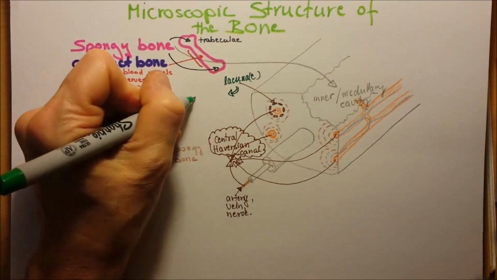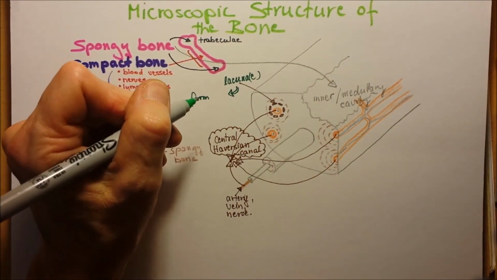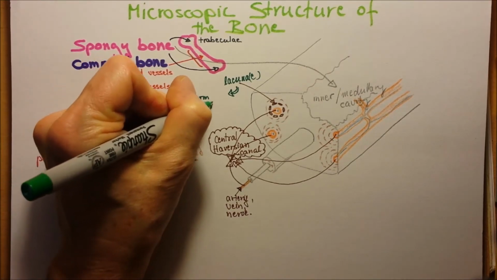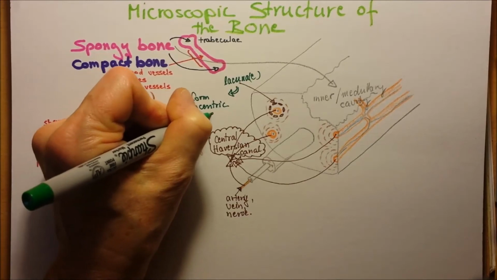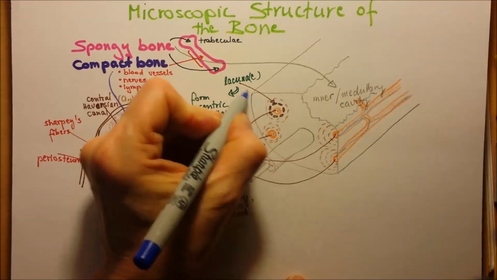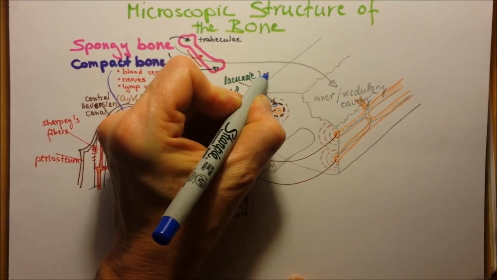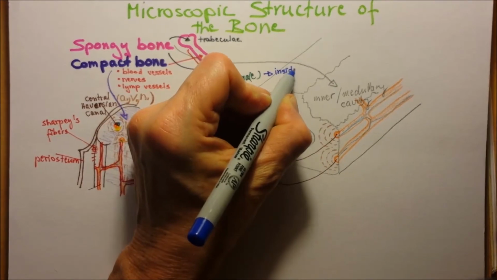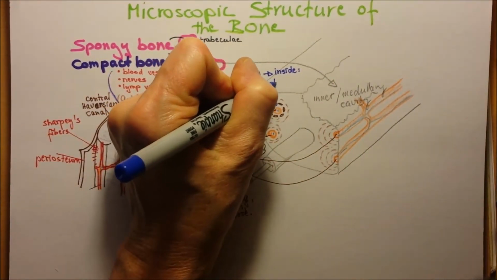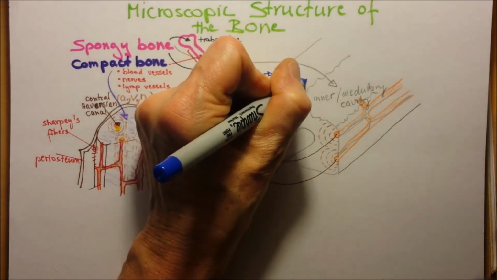And they are arranged in concentric circles, and they form the concentric lamellae. The lamellae is the structure made out of the matrix, as the calcium and the phosphate deposit in the bone.